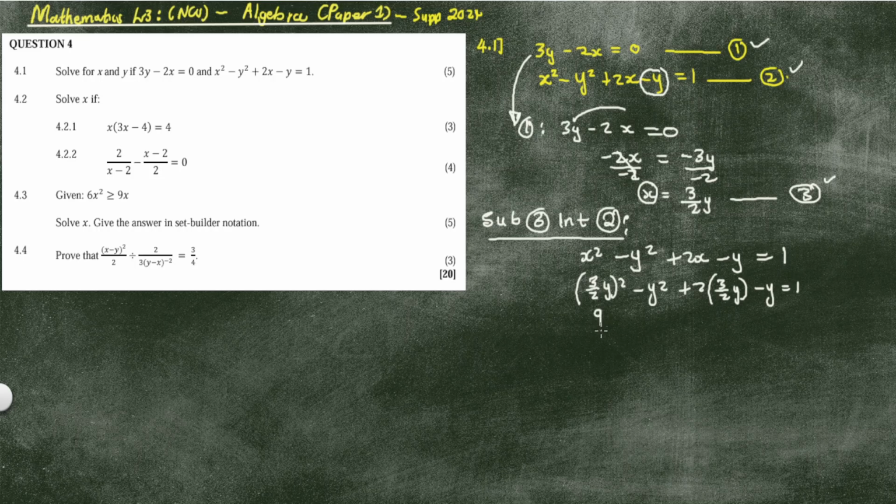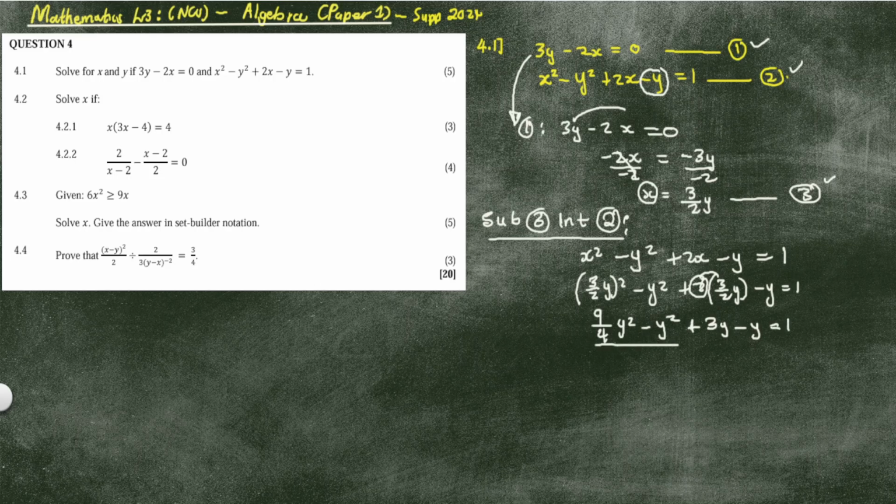I'm going to have 9 over 4y squared minus y squared, and then this 2 cancels this 2 because I'm taking this 2 and multiplying this fraction. I'm going to have 3y minus y equal to 1.